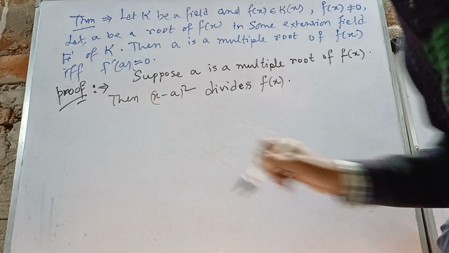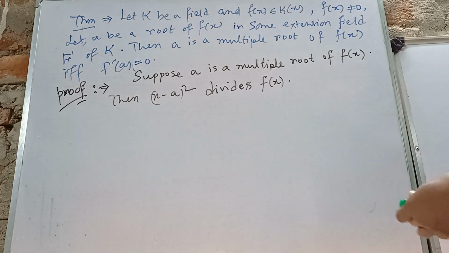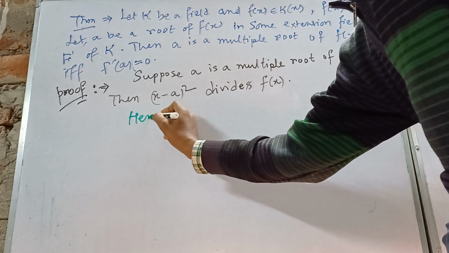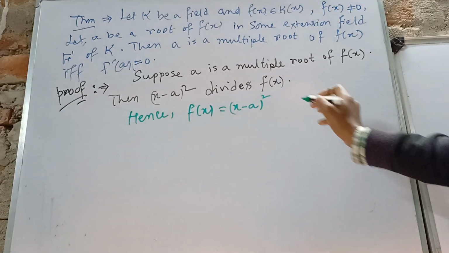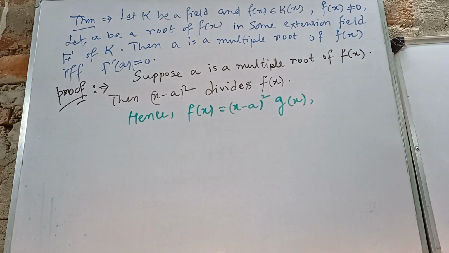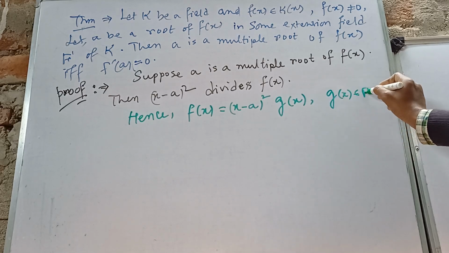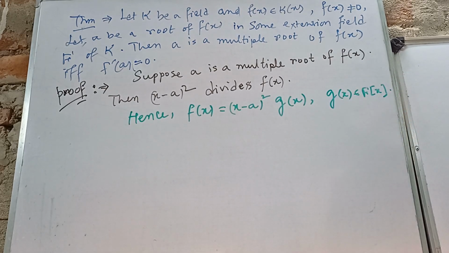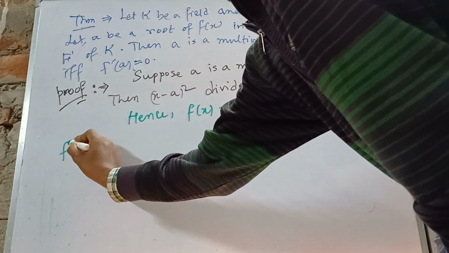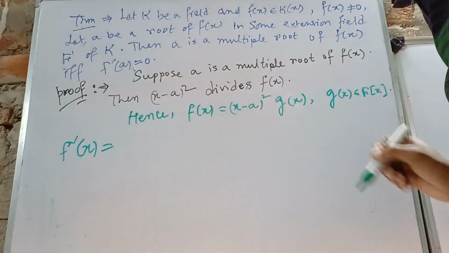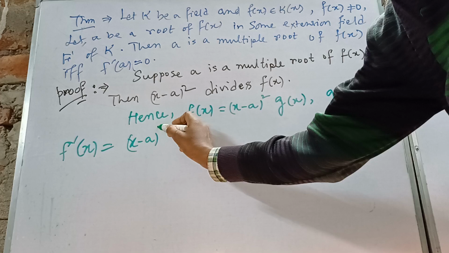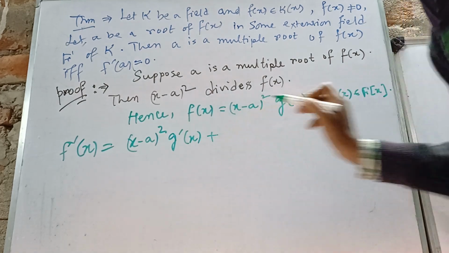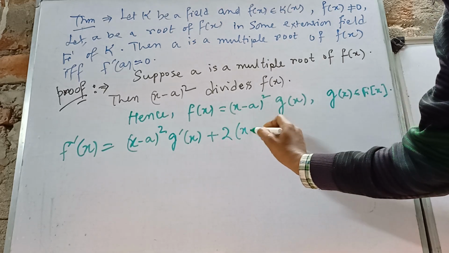Hence f(x) equals (x - a)^2 g(x) for some g(x) belonging to K[x]. Now f'(x) equals (x - a)^2 g'(x) plus 2(x - a) g(x).